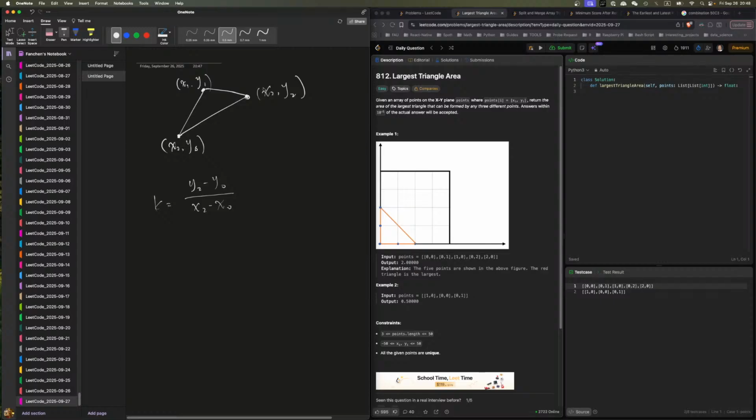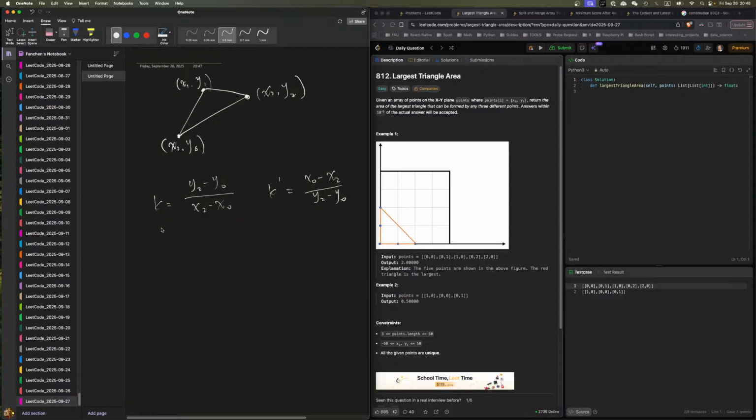How do we get a line? Anyway, so k prime is (x0 minus x2) over (y2 minus y0), so their multiplication is -1. So I need this line, the function for this line.